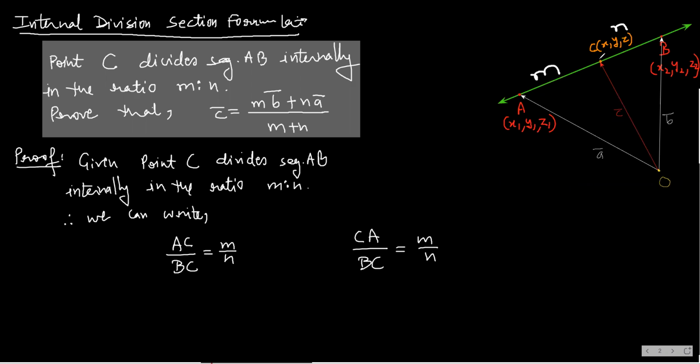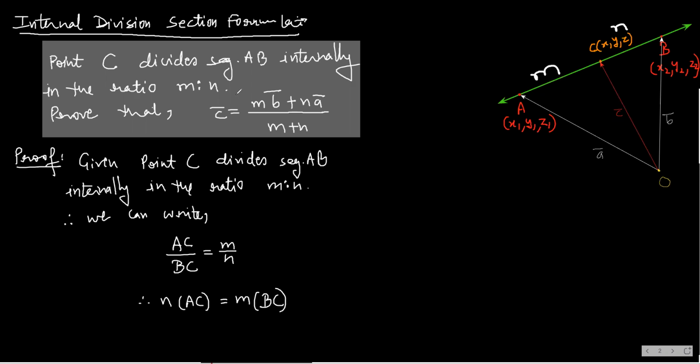The only thing is, if C divides AB, then A's segment should come first, in the numerator. Whether it is AC or CA hardly matters, because right now we are dealing with numbers. Next, I cross multiply. Therefore, N AC equals M BC.